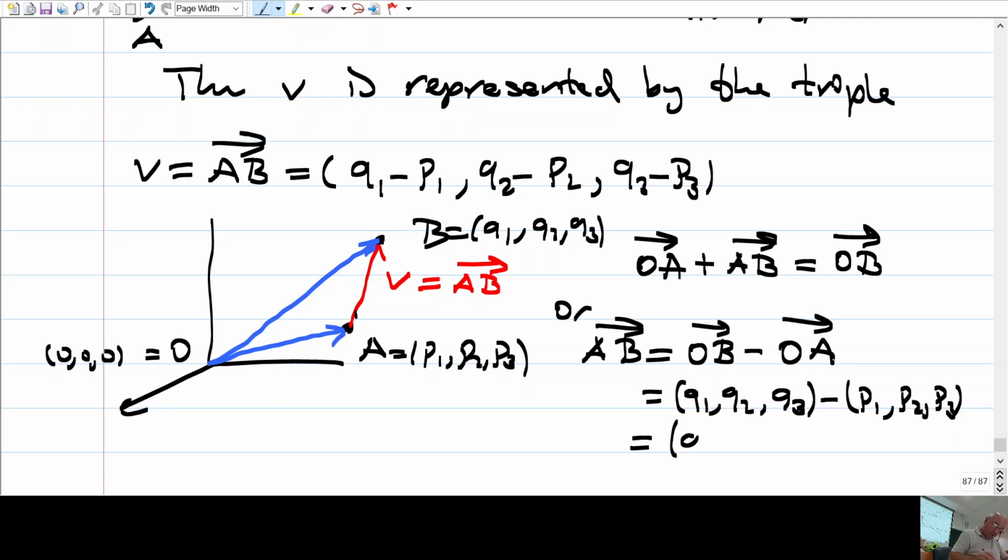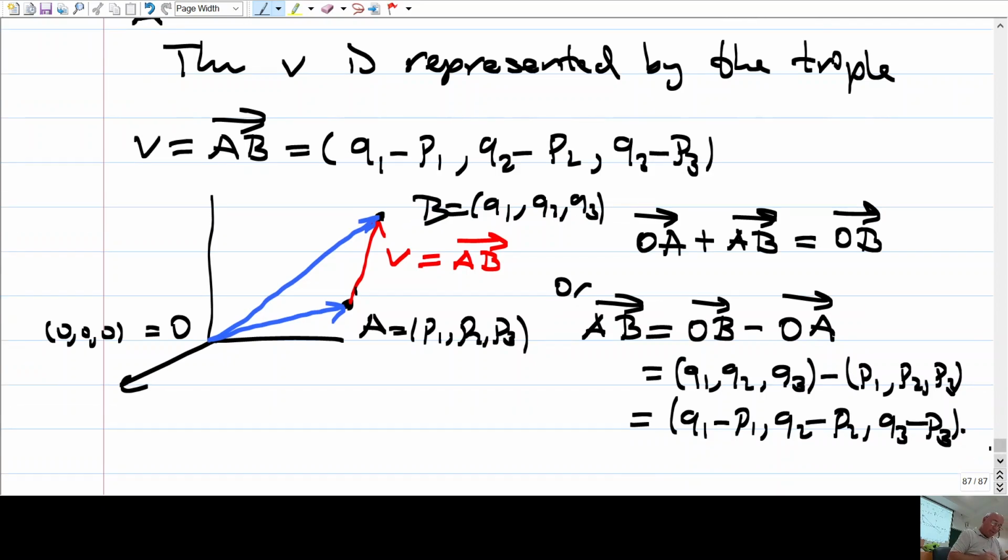So this is just Q1 minus P1, Q2 minus P2, Q3 minus P3. This is not a proof or anything, but this is the justification why we represent vectors like this, and how the algebraic operations are compatible with the geometric definitions.